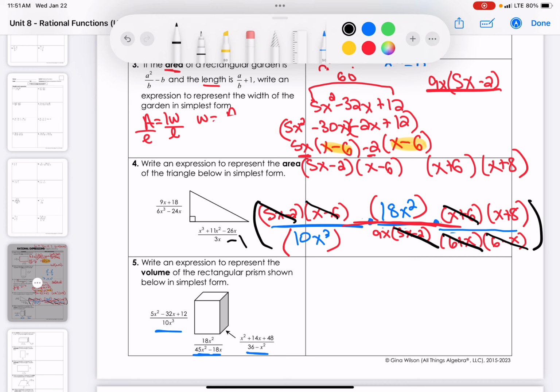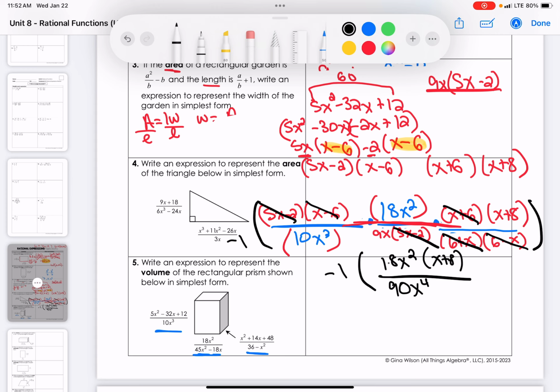All right, and now I'm going to bring down everything I got left over. So I have this negative 1, and then I have 18x squared times x plus 8. Then over, I still have 90x to the 4th power.